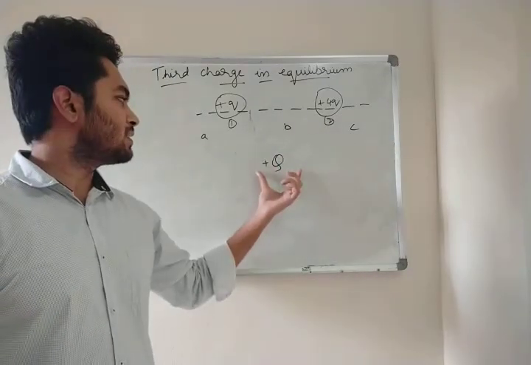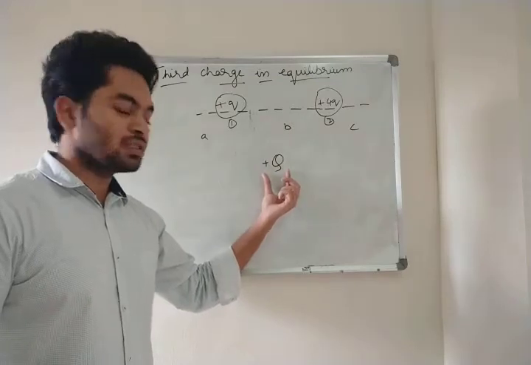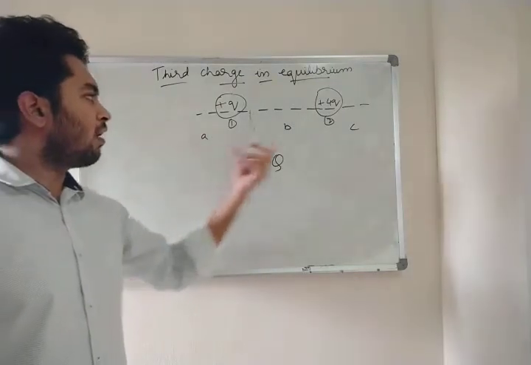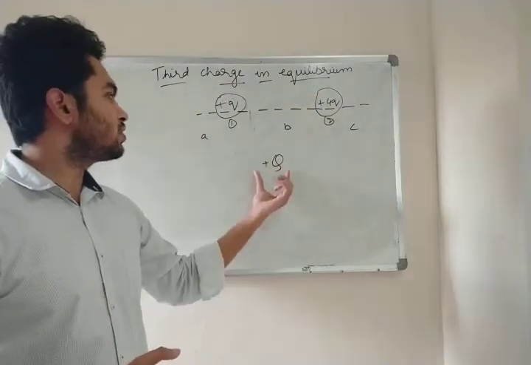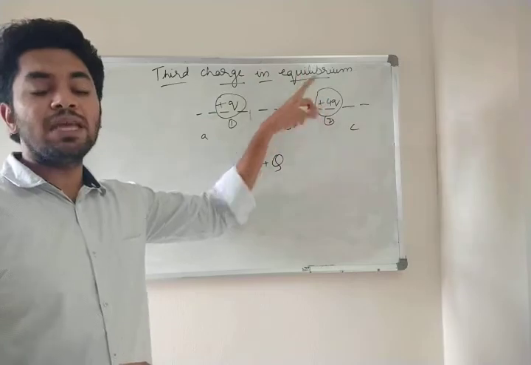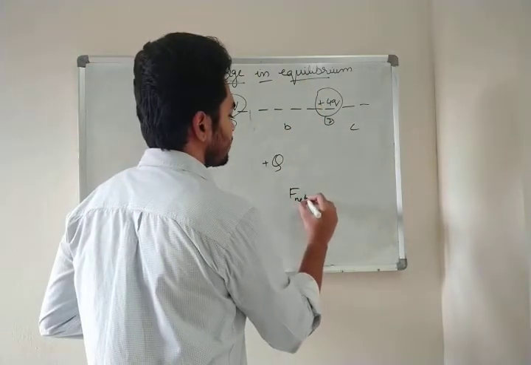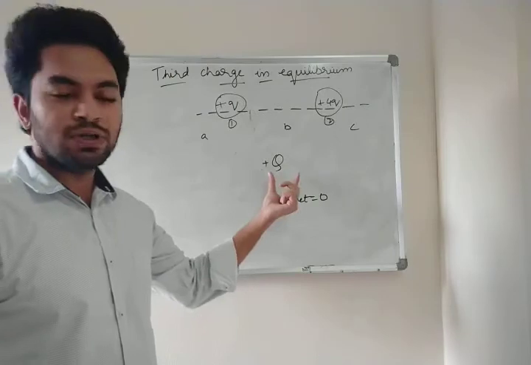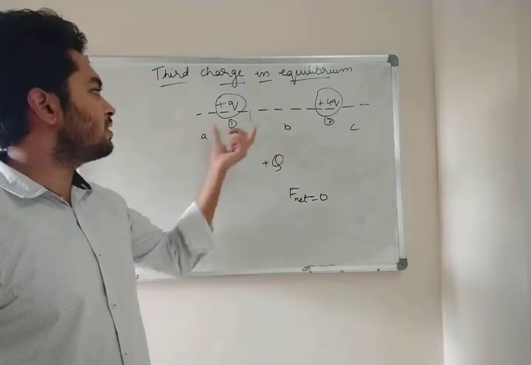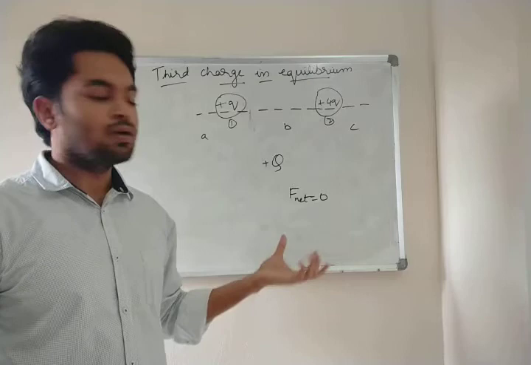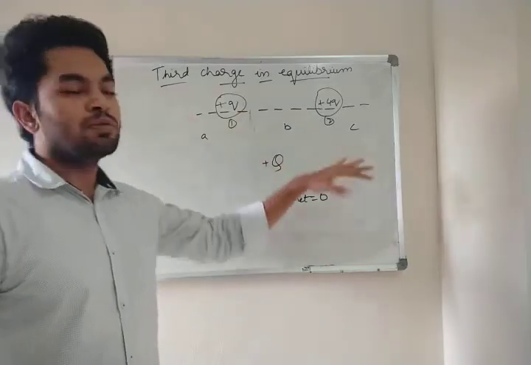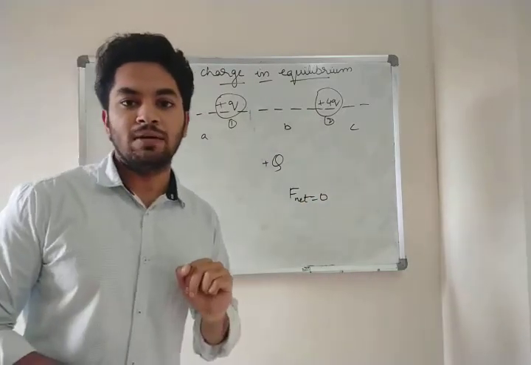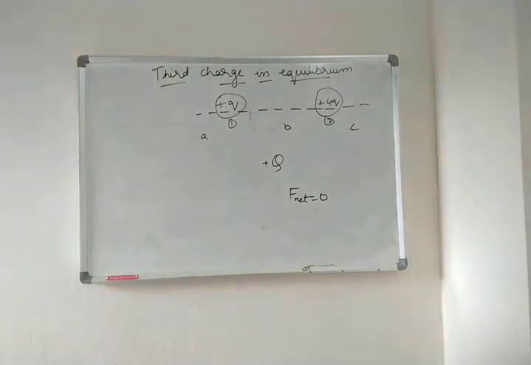You can place this third charge outside, or in the middle, or here also outside, such that this q should be in equilibrium. Equilibrium means again F net is equal to 0. So wherever you put this plus q, this charge has to be in equilibrium. Understood? Clear? Now whatever I told, just note it down.